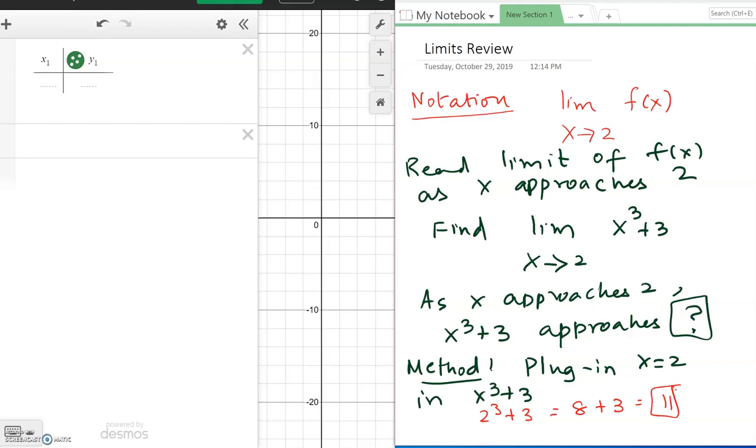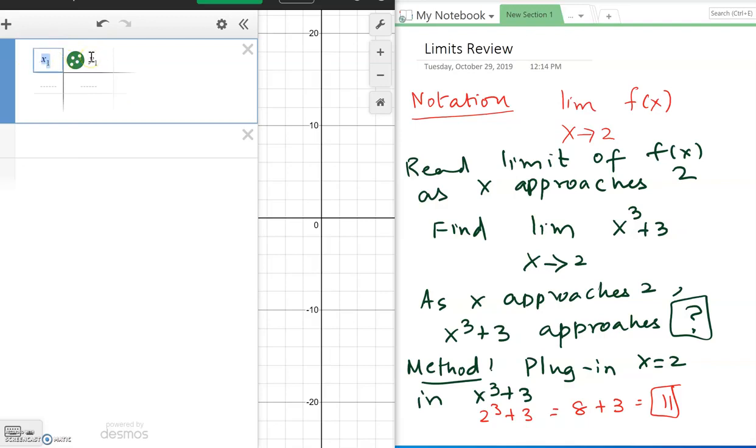All right, so we're going to see the numerical method, and I'm going to use DESMOS for that. So we're going to move on to DESMOS, and I've just created a table here. You can create the table, or you could use a graphing calculator for this.